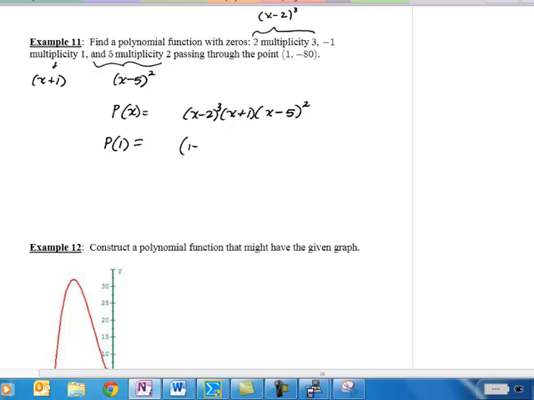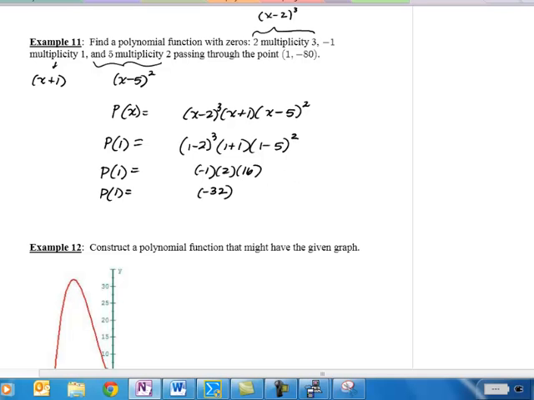We'd have (1 - 2) cubed times (1 + 1) times (1 - 5) squared. So negative 1 cubed, so negative 1, times 2, times negative 4 squared is 16. So p of 1 at this point is negative 32.